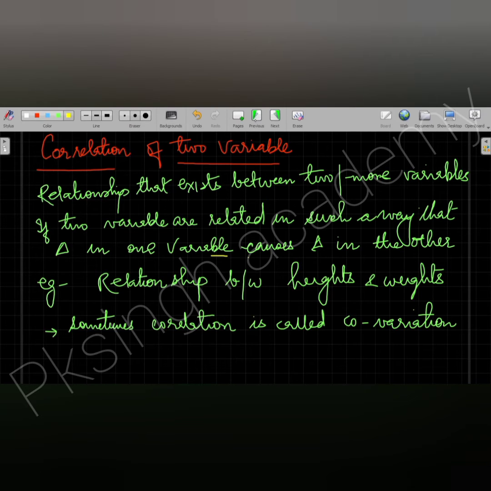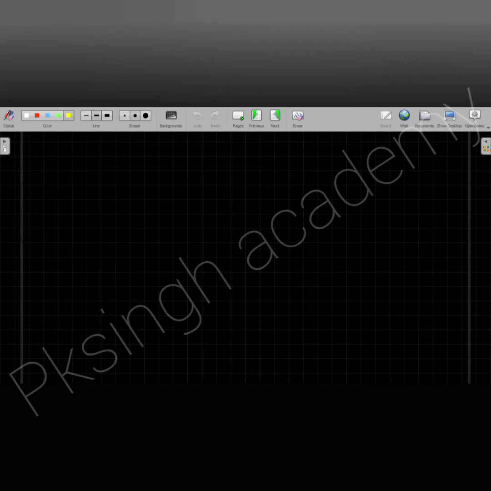See, for example, let us take two variables, one is height and the other is weight. Say 40, 20, 30, and 25, 28, 32.